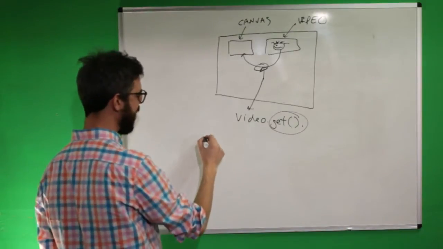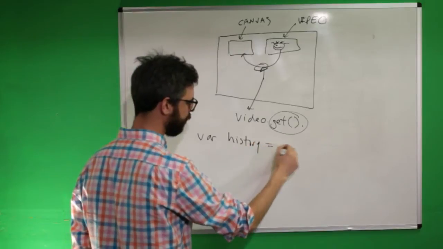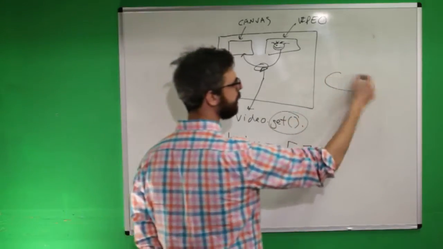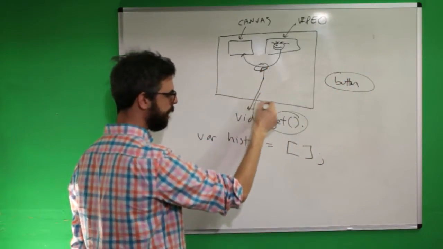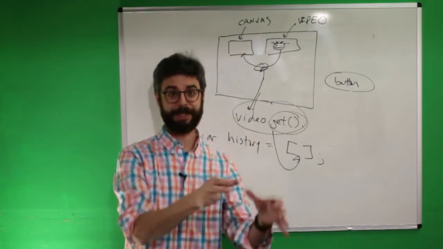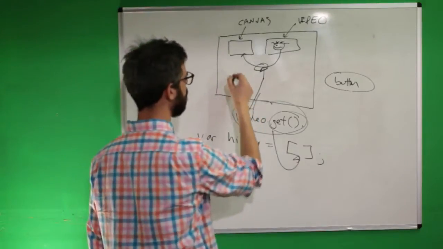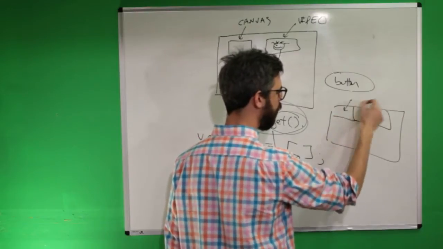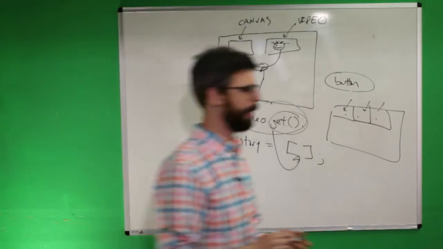So what if I had an array, I called it history, a blank array like this, and every time I press a button, I add a copy of the image to that array. So I'm actually storing image after image after image whenever that button is pressed. That way, I could potentially, in my canvas, see a whole bunch of images, snapshots over time. So let's take a look at how we might do that.